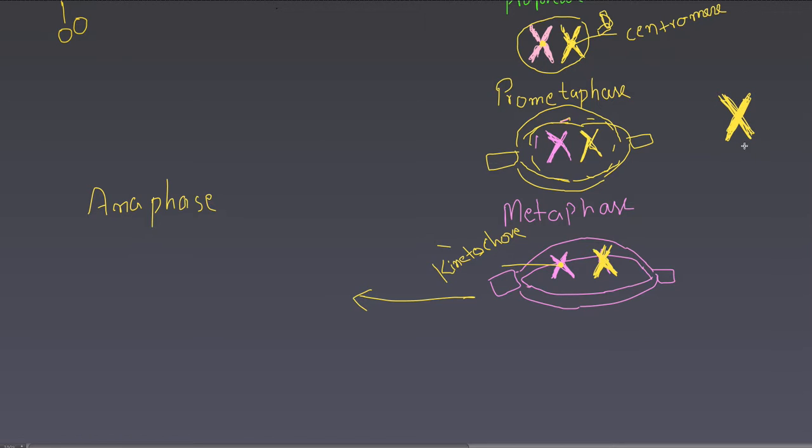While it is in this shape, it is called a chromosome, but each individual hand, this part right here, is called a chromatid. And when it detaches, so this part gets separated and this part gets separated, now again we call them a chromosome.